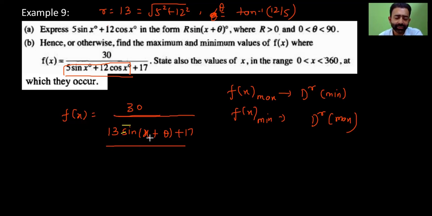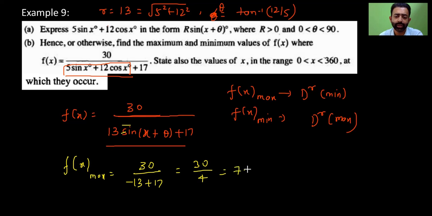So if sin is minimum, which is -1, then f(x) maximum will be 30 upon -13 plus 17, which is 4. So 30 by 4 is 7.5. This is the maximum value.